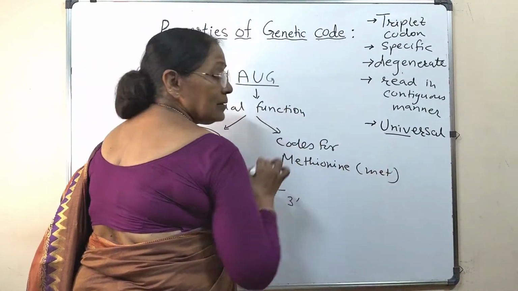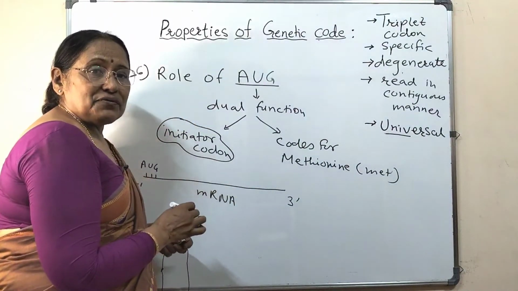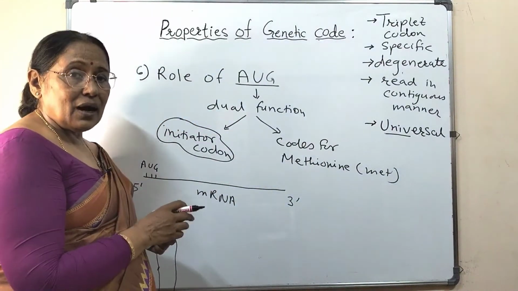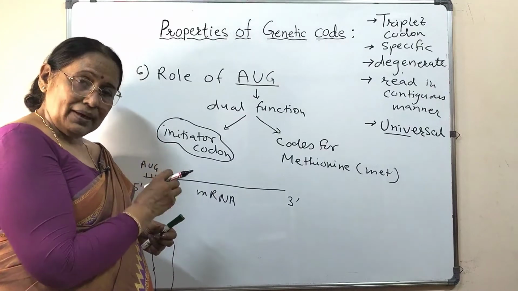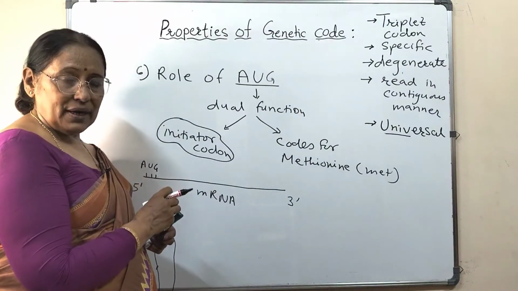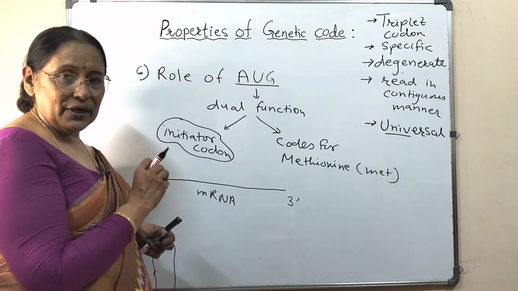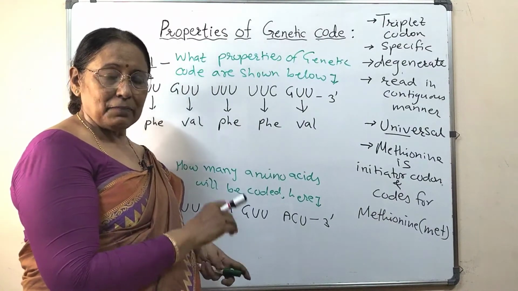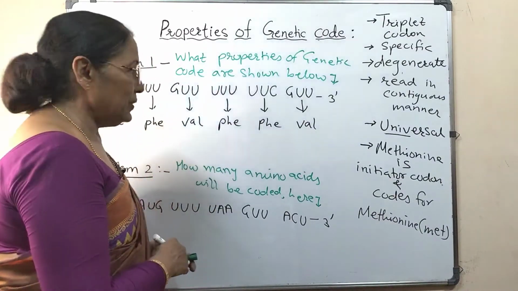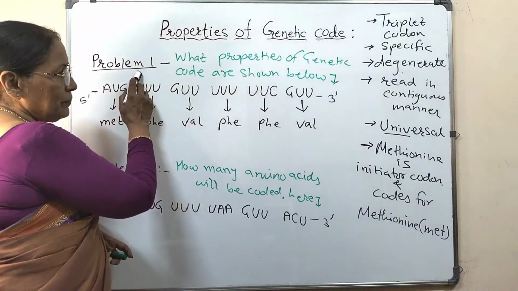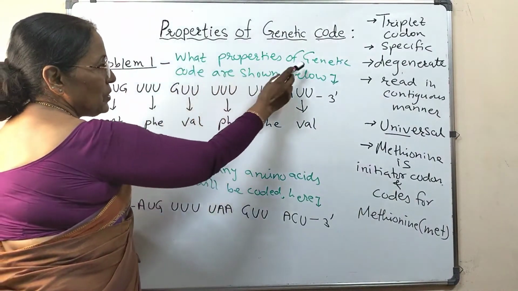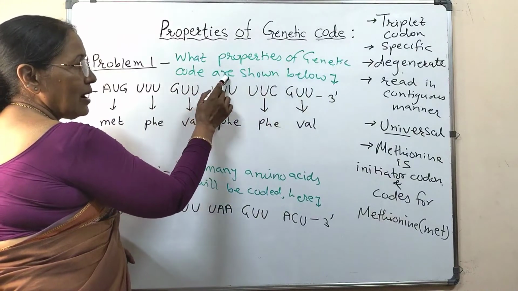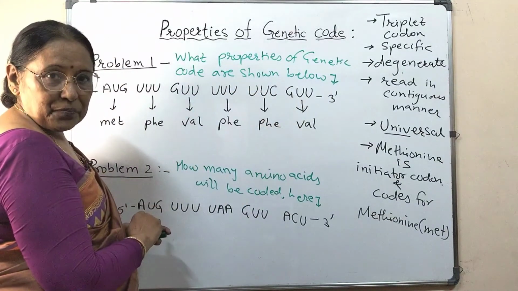Done? So all the properties of genetic code you have seen. Now let us solve some problems based on the properties of genetic code. The first problem. What properties of genetic code are shown below?